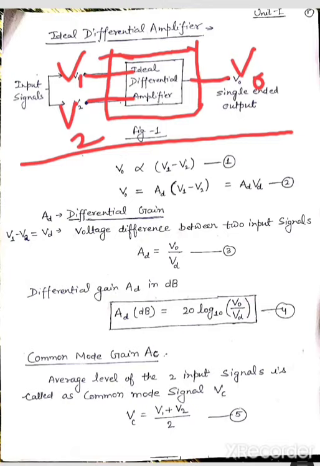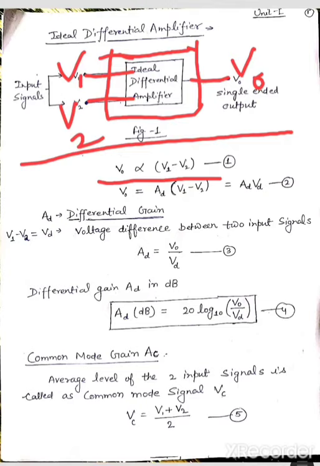According to its name, the output of a differential amplifier is proportional to the difference of the applied input signals. So V output is proportional to V1 minus V2.